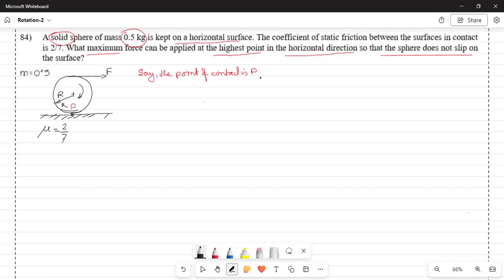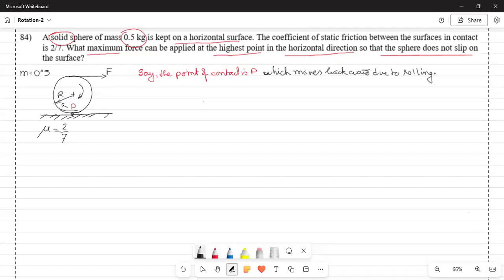Say the point of contact is P, which moves backward due to rolling. I think this is obvious to you. This point P, when it starts rolling, will move backward.